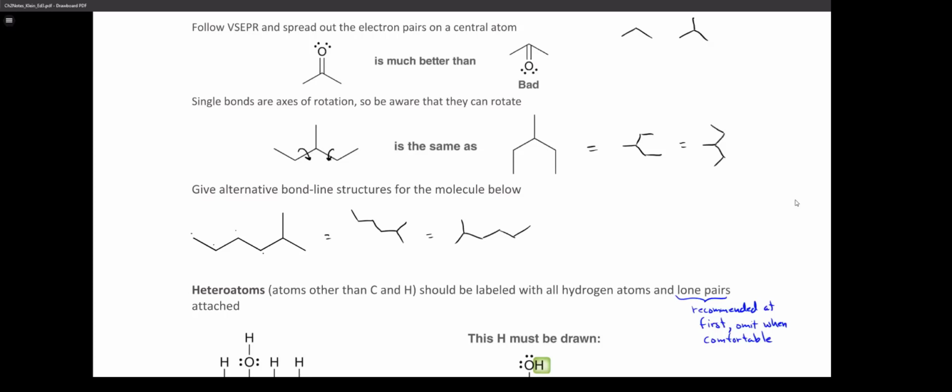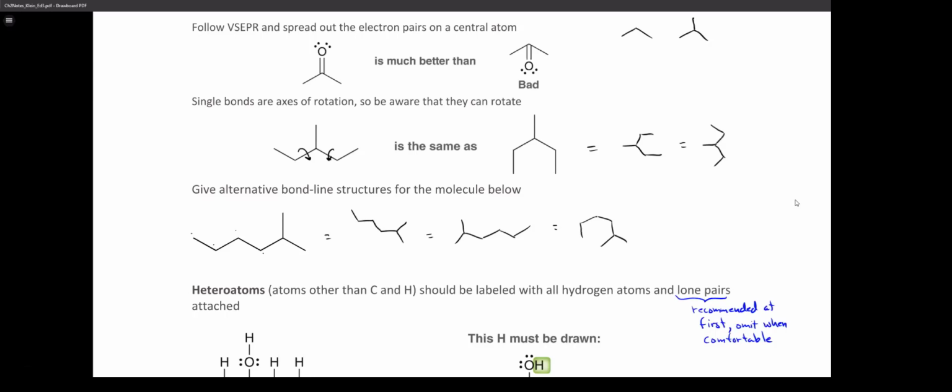Those are all the same thing, which is the same as this. All I've done is twist the bonds.